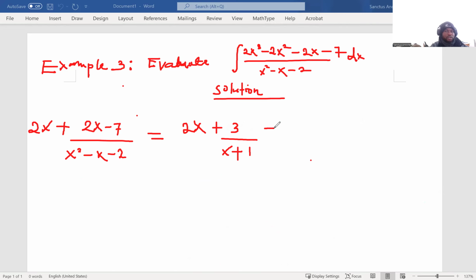Then this minus 1, so we don't mismanage our signs, over x minus 2.